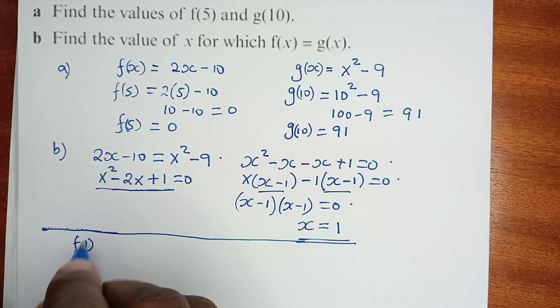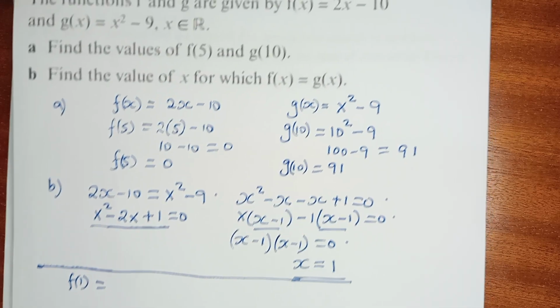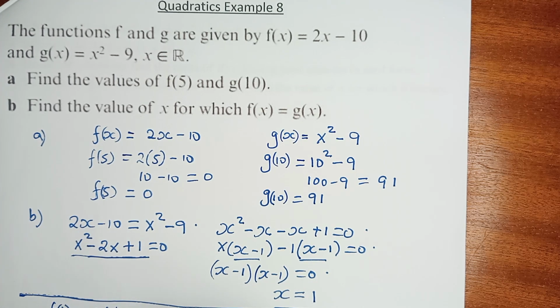What is f(1)? f(1) is 2x minus 10, that means 2 times 1 minus 10, which is 2 minus 10, which is negative 8.